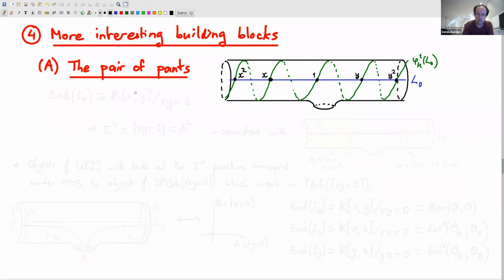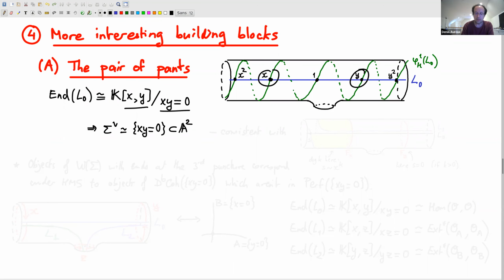And so that means what you will get is that the generators on this side and those on that side now multiply to 0. And so instead of Laurent polynomials, I get polynomials in two variables which multiply to 0. And the mirror indeed looks like xy equals 0, the union of the two coordinate axes in affine space.